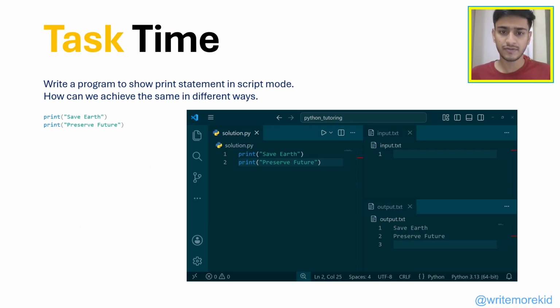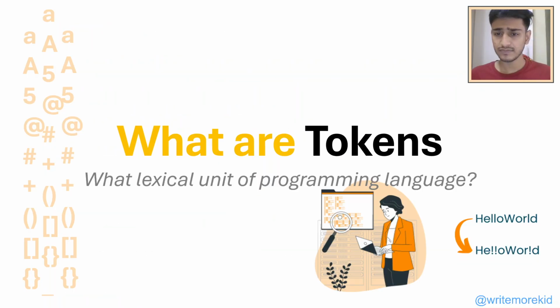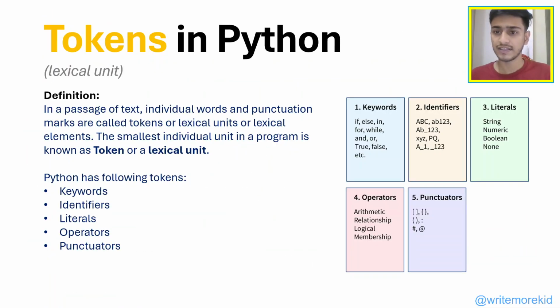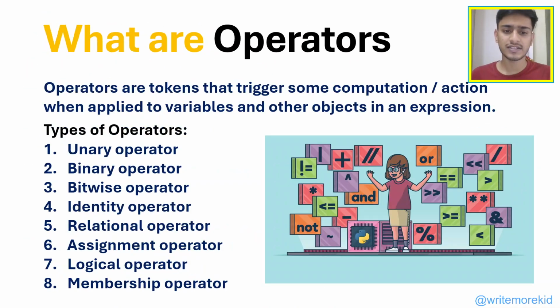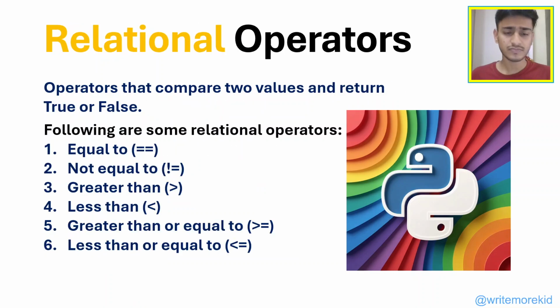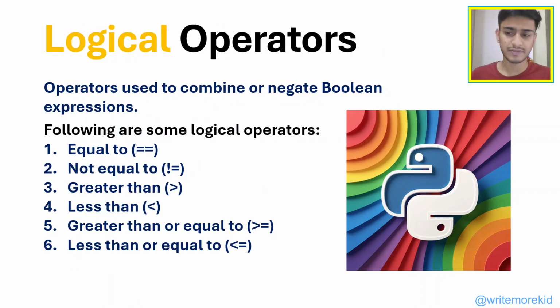There were a total of 5 tokens: keywords, identifiers, literals, operators, and punctuators. We covered keywords, identifiers, literals, and operators, but we haven't covered punctuators. There is a reason for it, because punctuators are nothing but all those special symbols, beyond alphabets, which make the Python program a language.